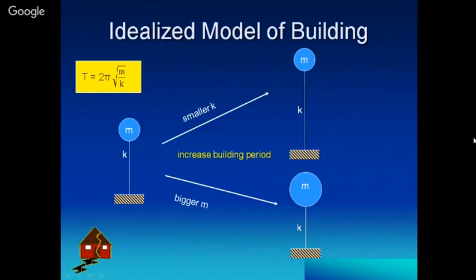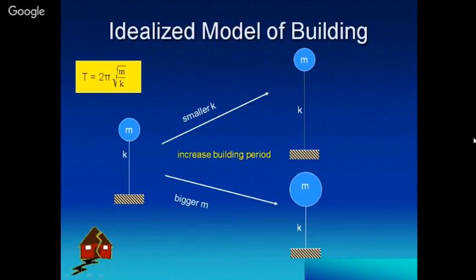At the slab level we do the lump mass: half story above and half story below is taken as the total mass M, and whatever stiffness we have between the floors we take as stiffness K. This gives us the simple model which we can use for our calculation.